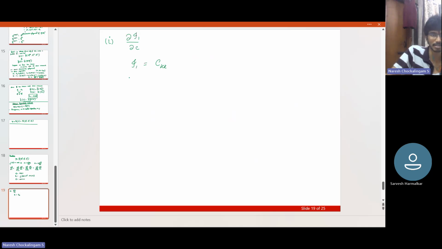So in Cartesian coordinates, you can call it dou I1 with respect to dou Cij, Ei tensor Ej. This is nothing but dou by dou Cij of CKK, Ei tensor Ej.